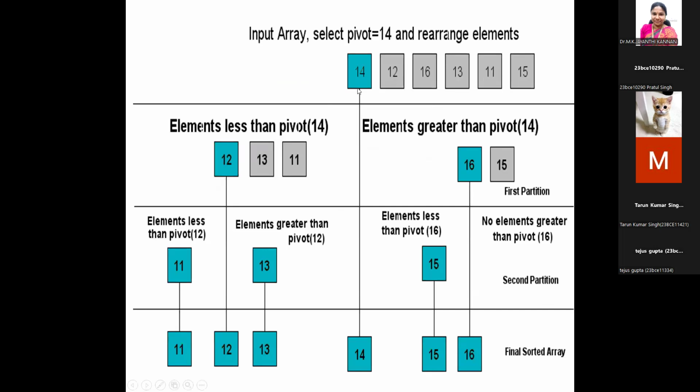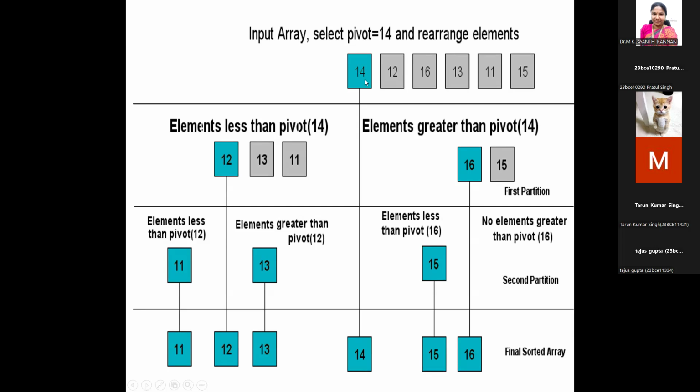The given input numbers are 12, 14, 16, 13, 11, and 15. From the given input array, we will take the first number 14 as the pivot element, and with respect to the pivot element, we need to rearrange the numbers which are less than pivot on one side, the numbers which are greater than pivot in another n by 2, n by 2 array.